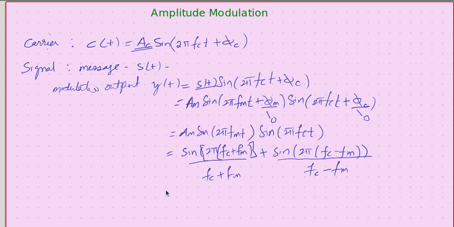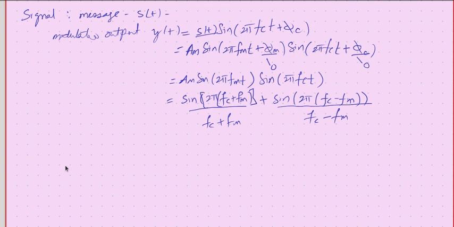And if you talk in terms of the spectrum, this is our frequency axis, and somewhere here we had our carrier, and then after amplitude modulation we get two sinusoidals.